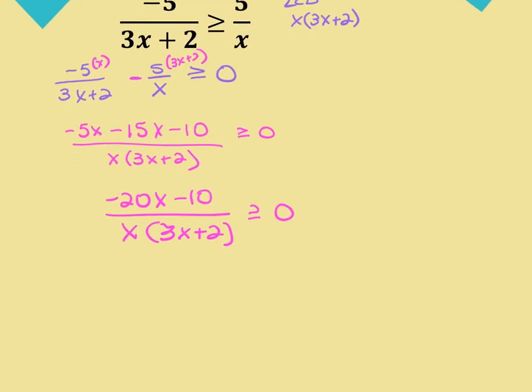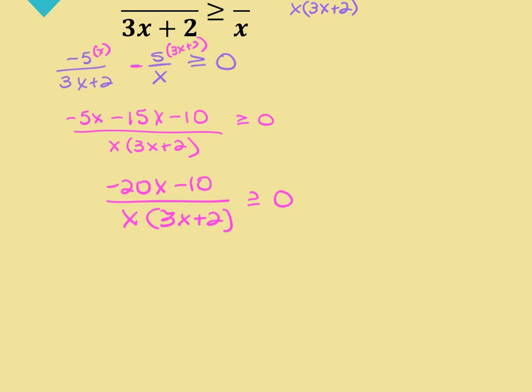So now my numerator set equal to 0 just has 1 point, but my denominator, which is already factored and I don't want to distribute it because I end up just factoring it again, is going to have 2 roots.